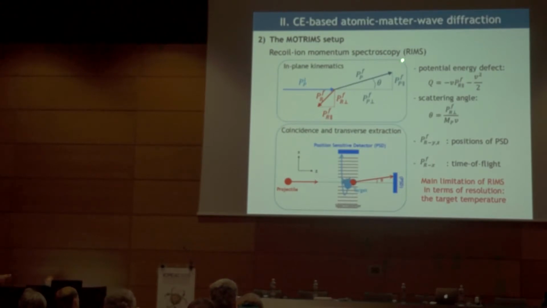Then, within RIMS, two of the three Cartesian coordinates of p_r are deduced from the position on position-sensitive detectors here, whereas the third Cartesian coordinate is deduced from the time of flight of the recoil ion. And the resolution achieved by RIMS is very good, so that the main limitation of RIMS in terms of resolution on Q and theta is the target temperature.